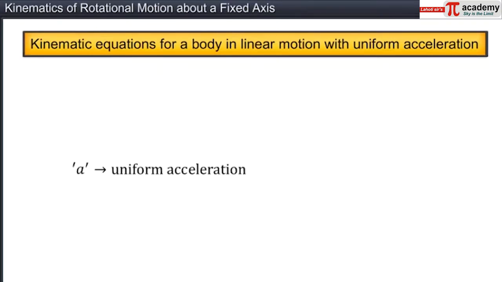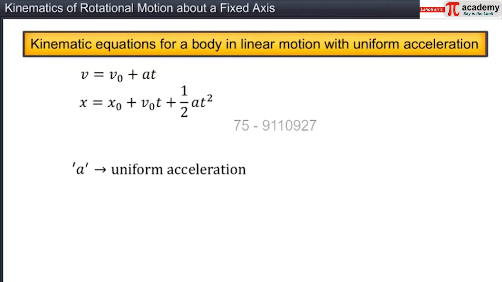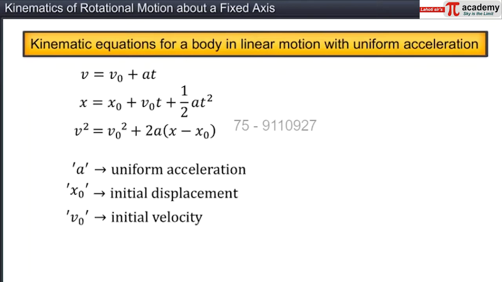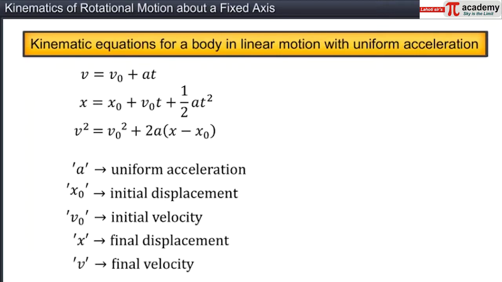For a body moving with uniform acceleration a, the equations are v is equal to v naught plus at, x is equal to x naught plus v naught t plus half at square, and v square is equal to v naught square plus 2a into x minus x naught, where x naught and v naught are the initial displacement and initial velocity respectively. x and v are the final displacement and final velocity after a time interval of t.